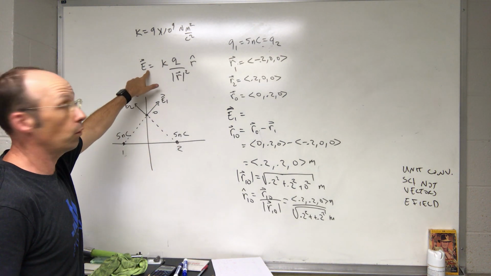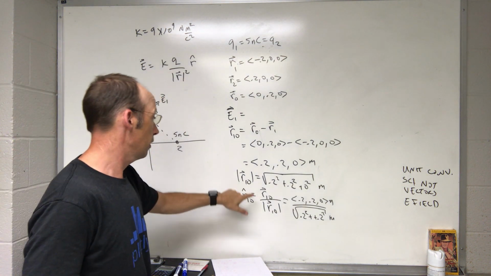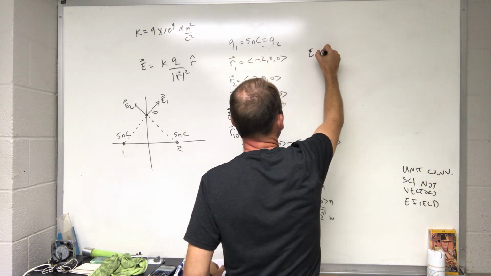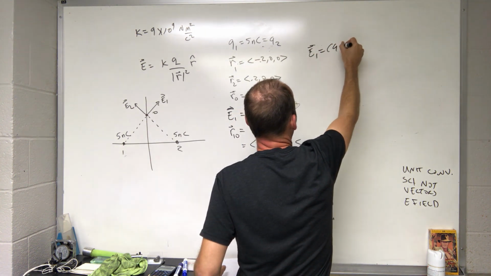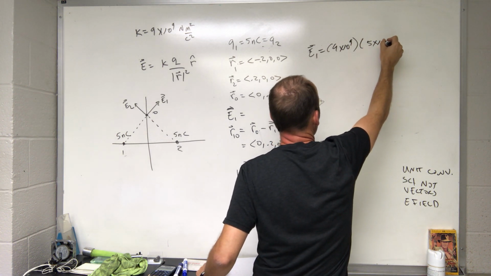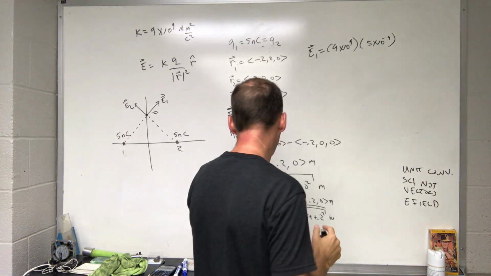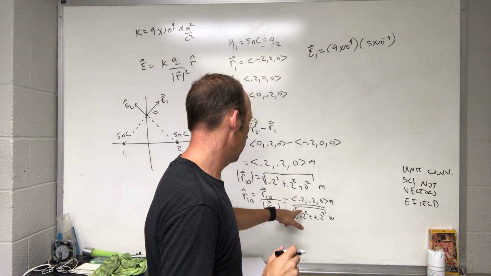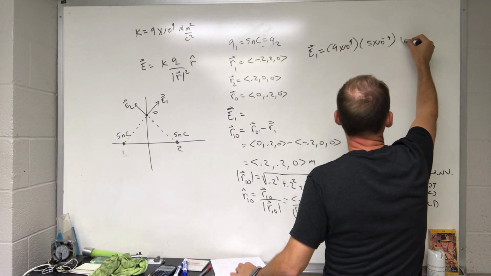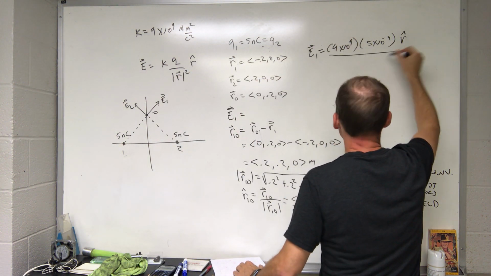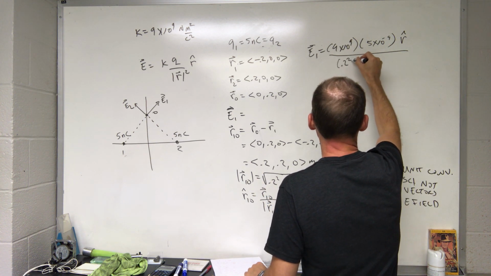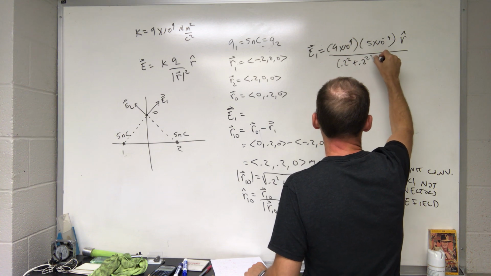Now I can plug things into this equation, right? But this is a vector, that's a scalar. I'm all set. Okay, so E1 is going to be k, 9 times 10 to the 9th, leave off the units, Q, 5 times 10 to the negative 9th, R hat. I should have calculated this out, shouldn't I? Let's just leave it as R hat over the magnitude of R squared, which is going to be 0.2 squared plus 0.2 squared.